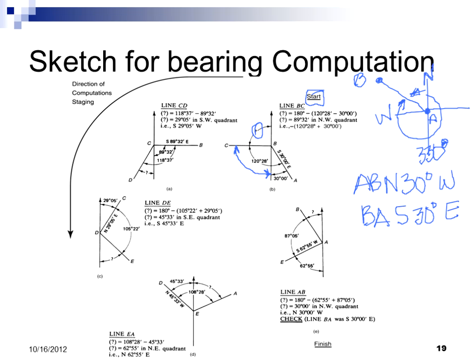So 180 degrees minus 128 minus this 30 is equal to 89 degrees 32 minutes in this northwest quadrant. So our bearing for line BC becomes north 89°32′ west.